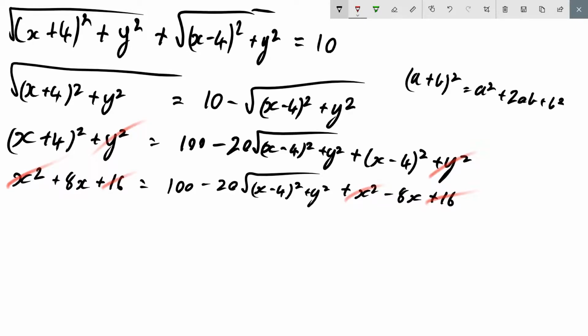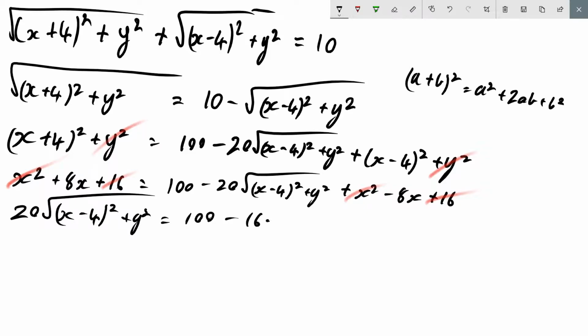So what we'll get is 20 root of (x minus 4) squared plus y squared equals 100 minus 16x. I'm now going to square both sides again to get rid of this root. So we'll get 400 lots of (x minus 4) squared plus y squared equals, and now I'm going to have to use the perfect square thing again.